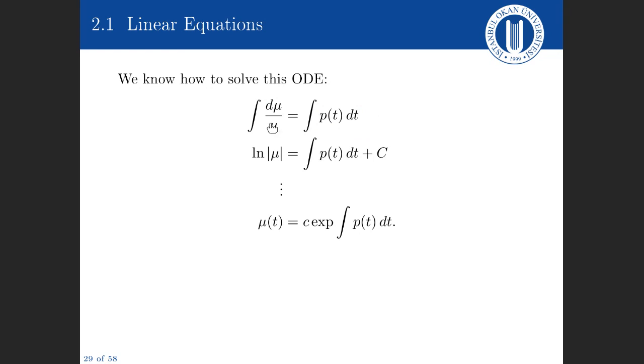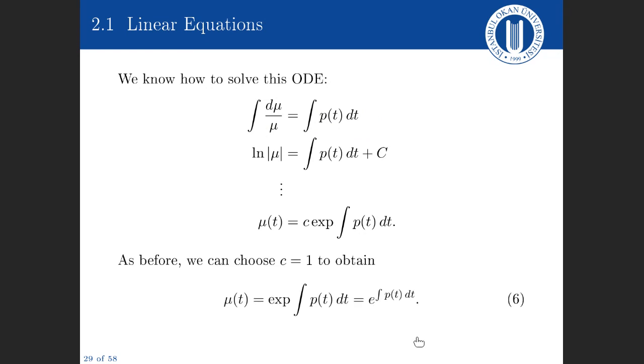And after we've integrated and rearranged, we end up with a constant c multiplied by the exponential function of the integral of p(t). As before, we can choose any non-zero constant that we want, so we can choose 1 if we want. And then we are left with the integrating factor e to the power integral of p(t).